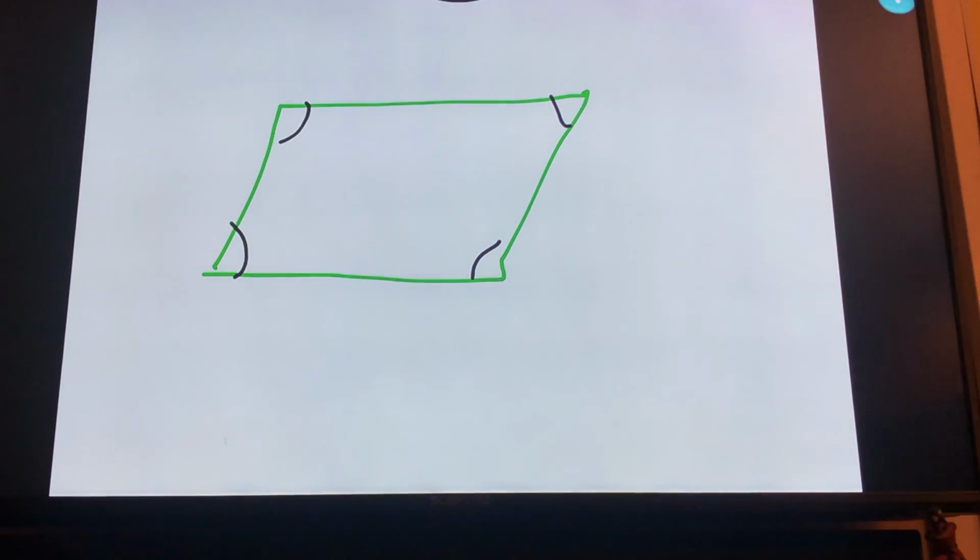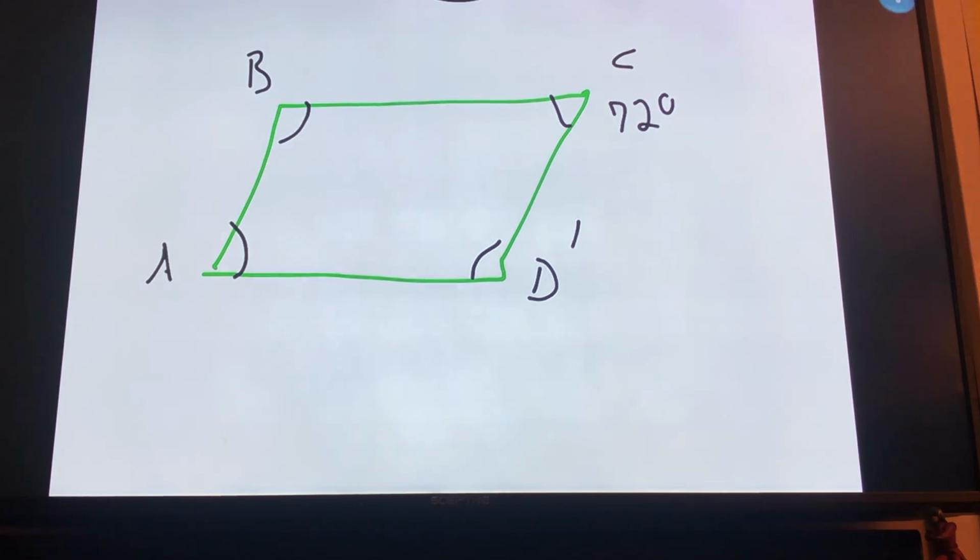So we got C, D, B, and A. The measure of angle C was given to us, and it said it was 72 degrees. And the measure of angle D was 108. Now my question is, if they're parallel, wouldn't that have to mean that they're pretty much making lines?